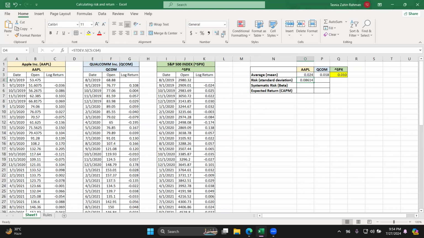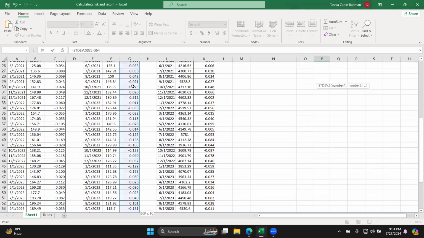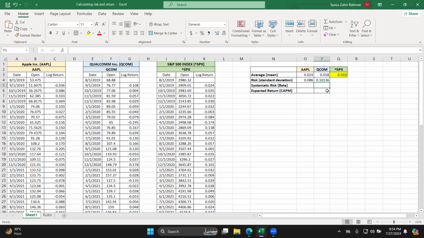Let's keep it to 3 decimal places. STDEV. We're doing it for QCOM now. This whole array and enter. Here.